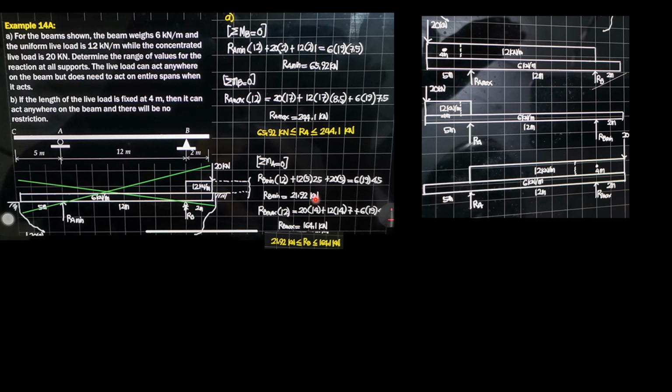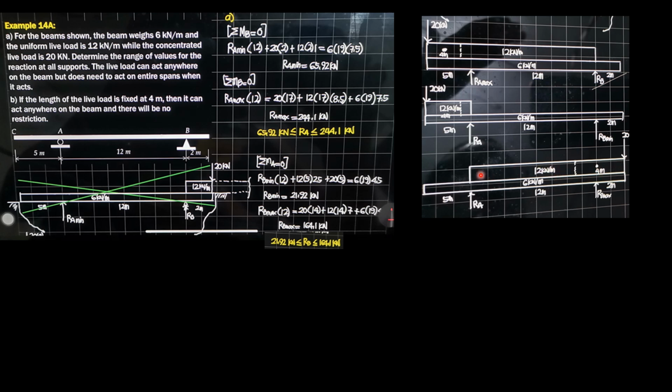So next, for maximum RB, we have to load from A to the right end of the beam by the 12 kilonewton per meter load. This is the concentrated load here on the maximum ordinate to maximize RB. Summation moment about A equals 0, RB max times 12 equals 20 times 14 plus 12 kilonewton per meter times 14.